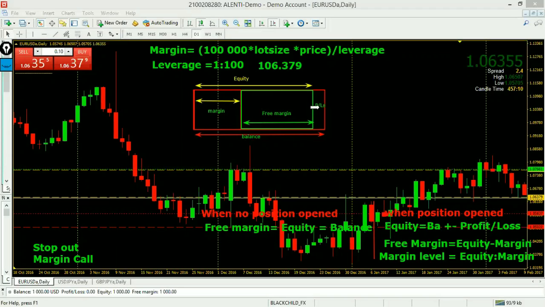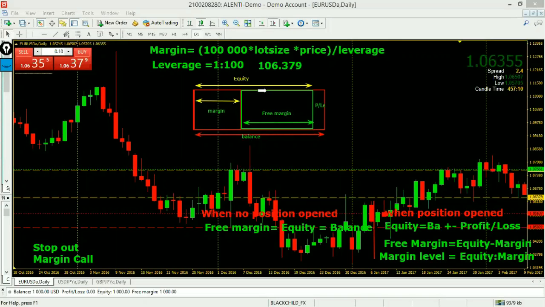If you add that $2.40, given that we can make it static when the markets are open, on top of your free margin and your margin, you'll get your balance. Or if you add that $2.40 on top of your equity, you'll get your balance.